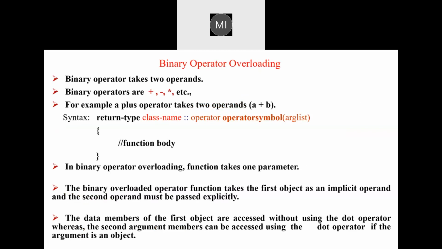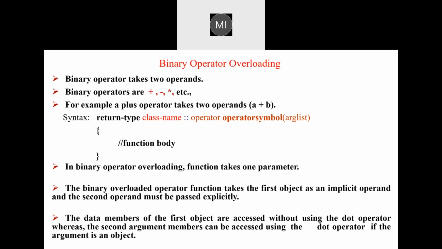Then moving on towards the binary operator, we have done it already. In this one, if you refer to the last point, you'll come to know that the data members of the first object are accessed without using the dot operator. In the binary operator, I have said temp.a is equal to a plus c.a, right? A is actually for C1.